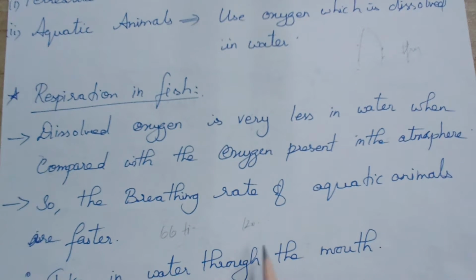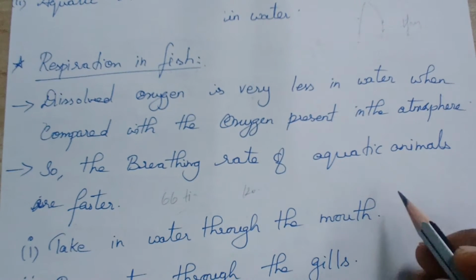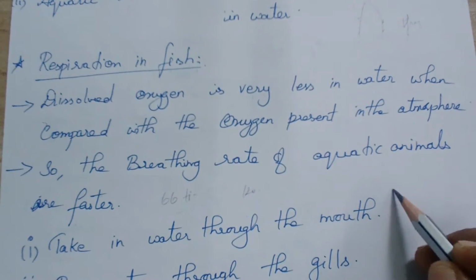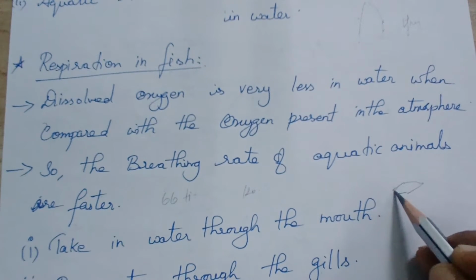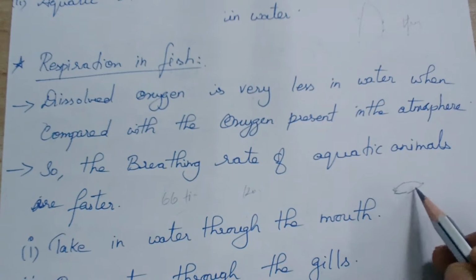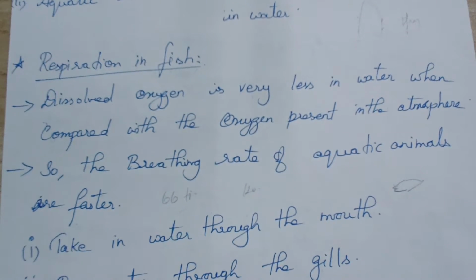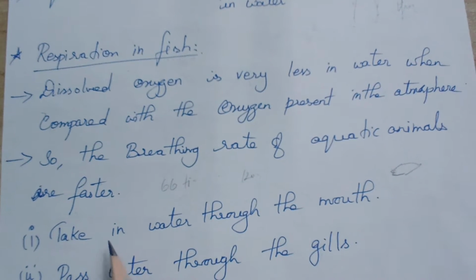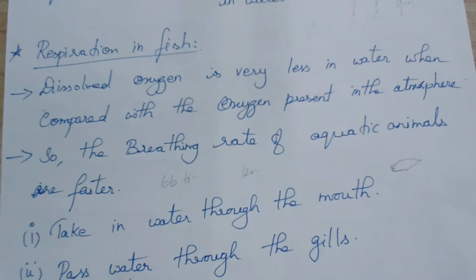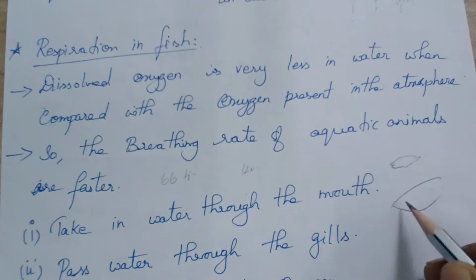How does the breathing take place? If you see a fish, it will always open and close its mouth. The fish takes the water through the mouth and passes the water through the gills. If you see the fish, you can see the gills.